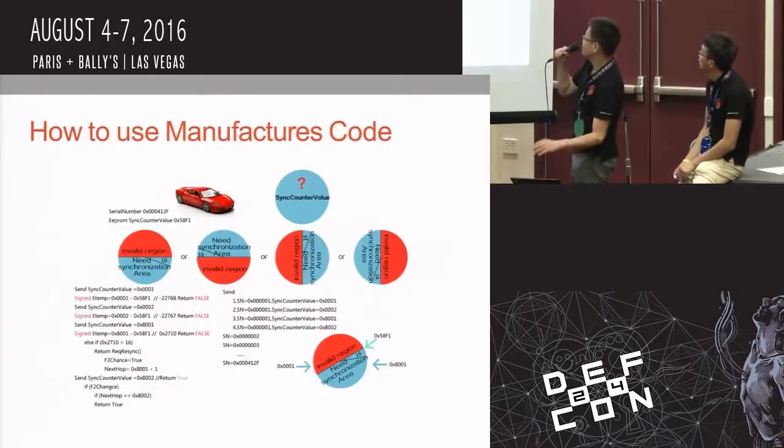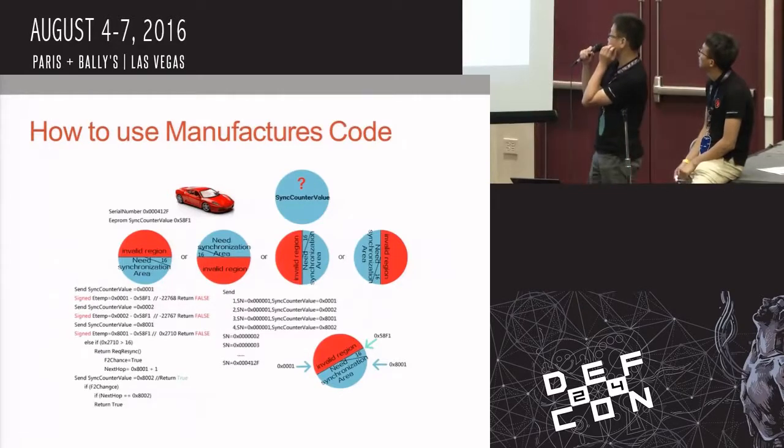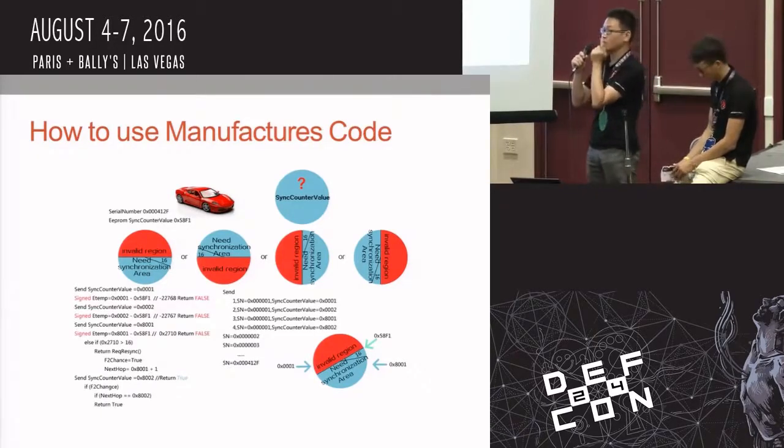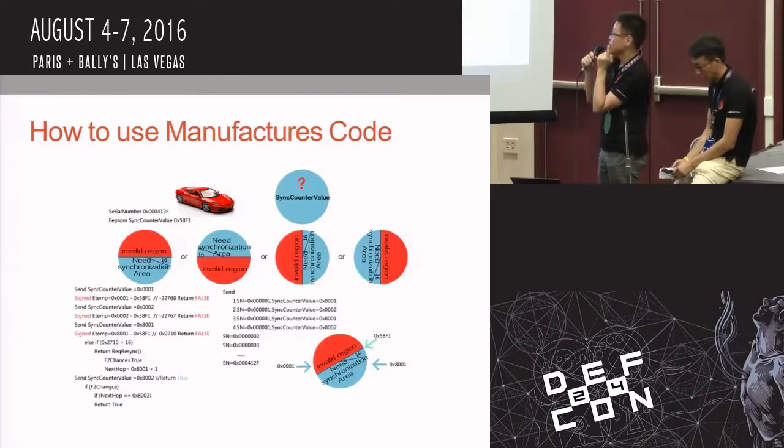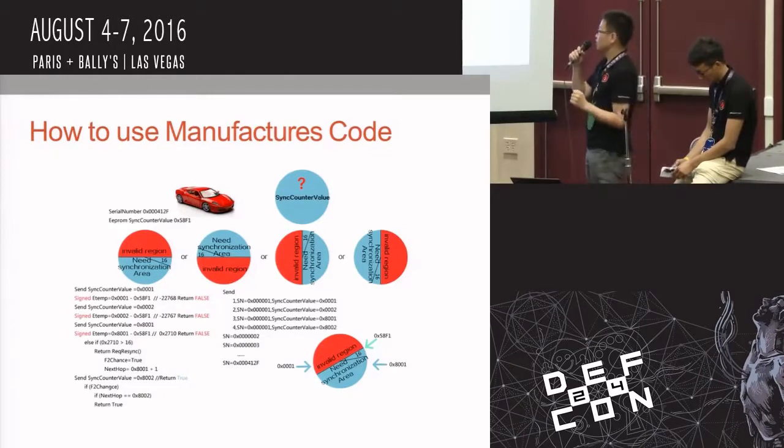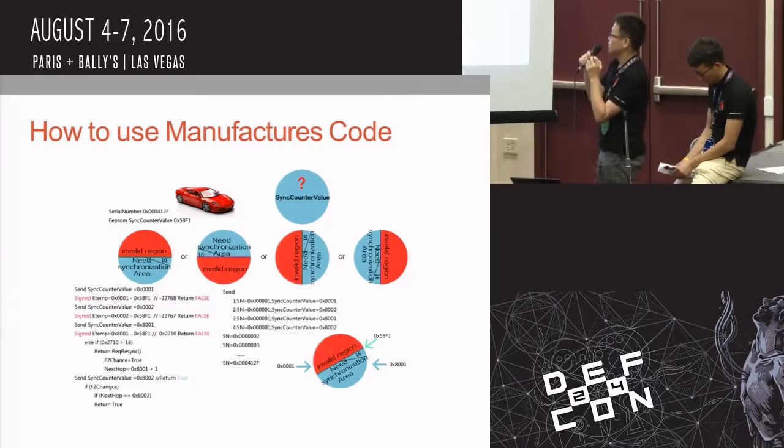Then is how to use the manufacturer's code. If we know the serial number, how do we get it? We could just capture the signal once. Let's talk about the format of the data.